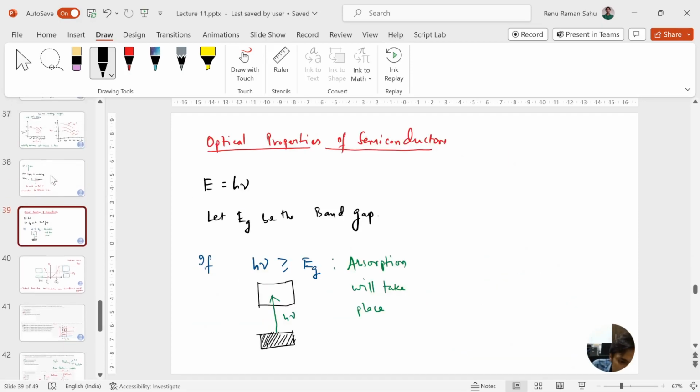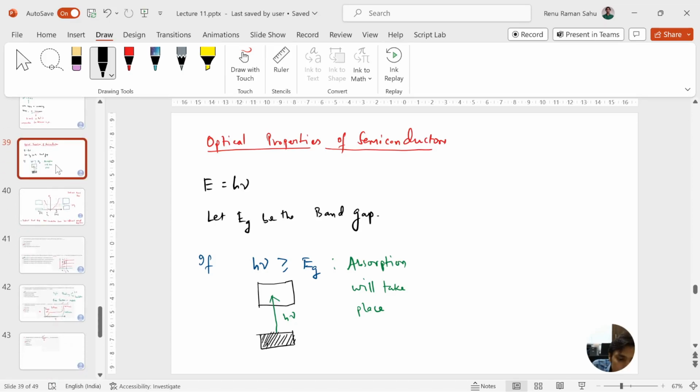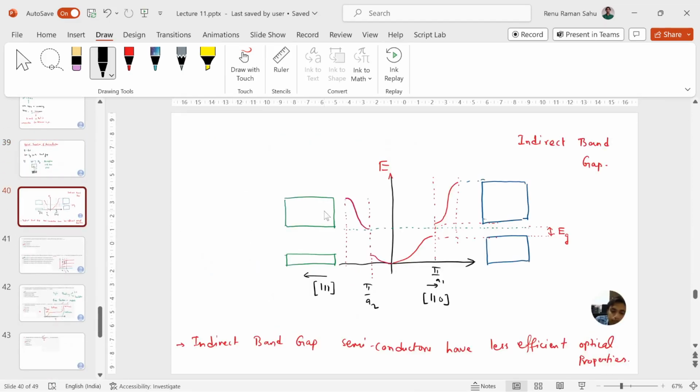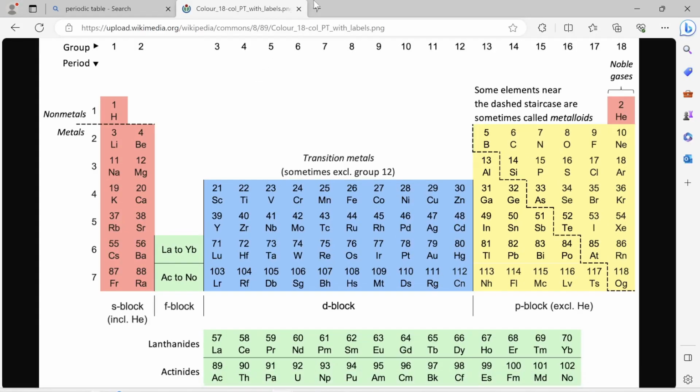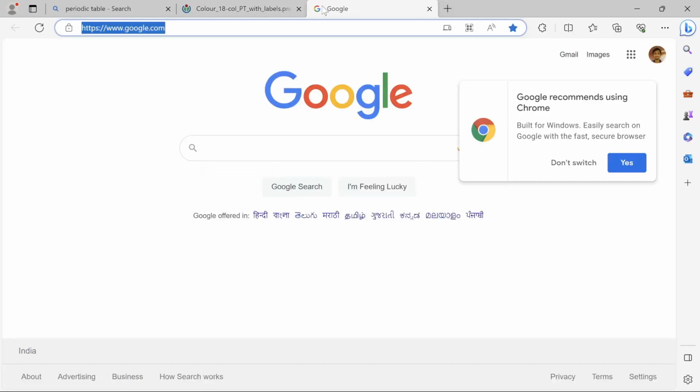How do we say direct and indirect, sir? The way we say it is we have to look at its E-k diagram. I will just show you how the actual E-k diagram looks. But that is not covered in our portion, was it? I don't know why you are asking about that, but it is not covered in the course.